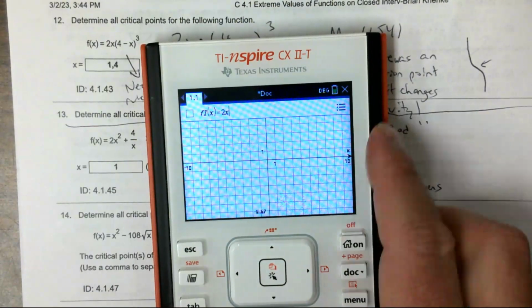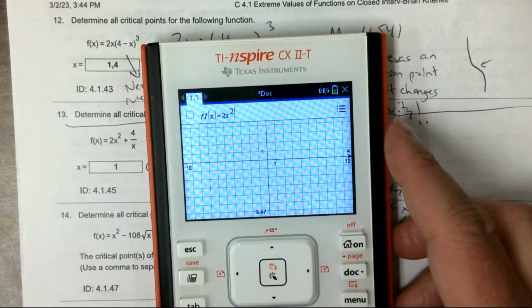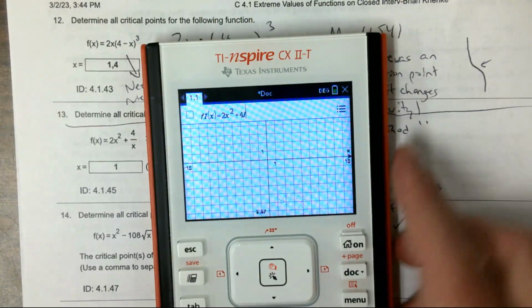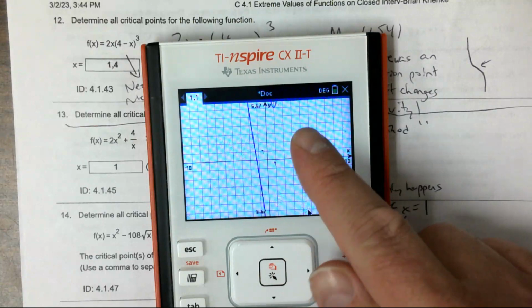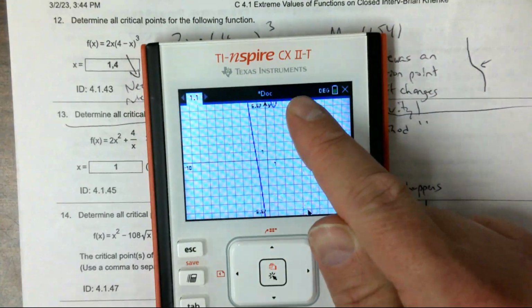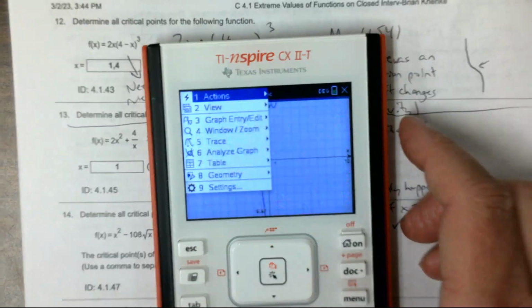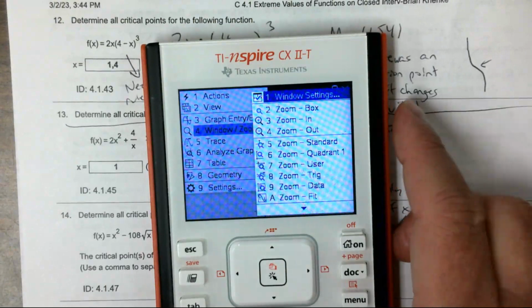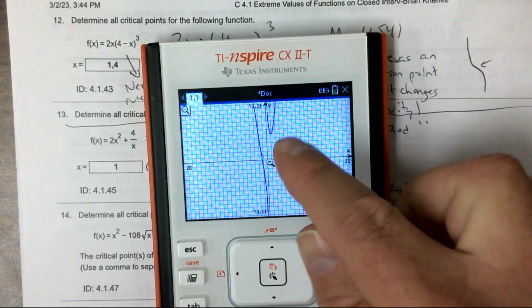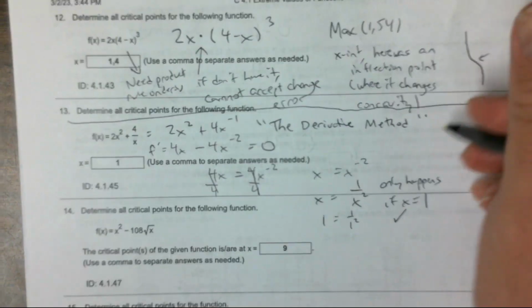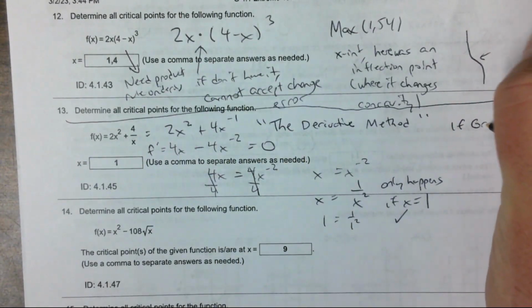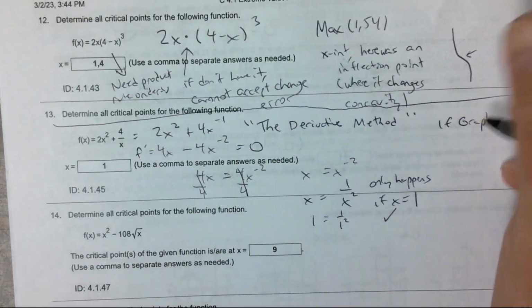Two x squared plus 4 over x. And so you can kind of tell something happened right there. You might have to zoom out, and then you can see something happened. So if you graph it, it looks a little unique.